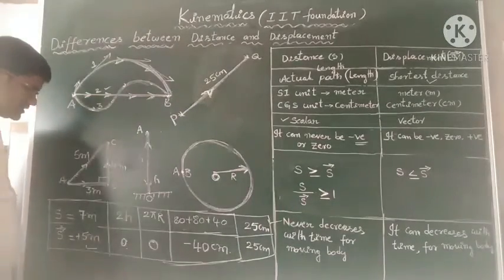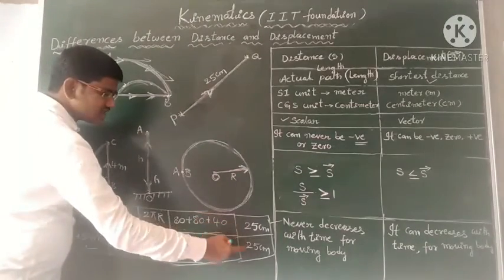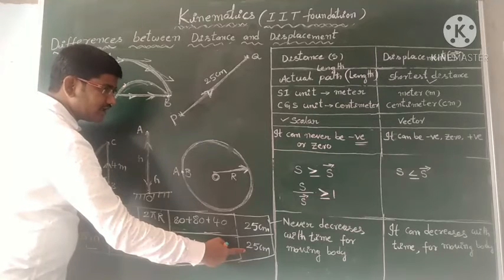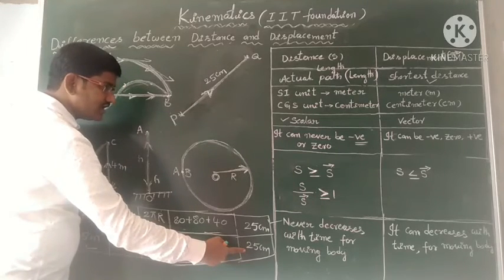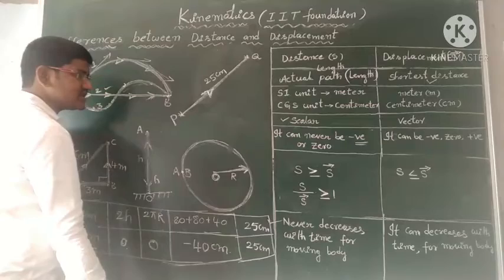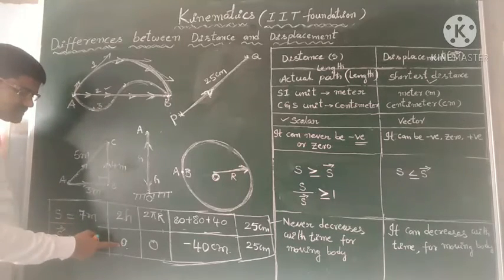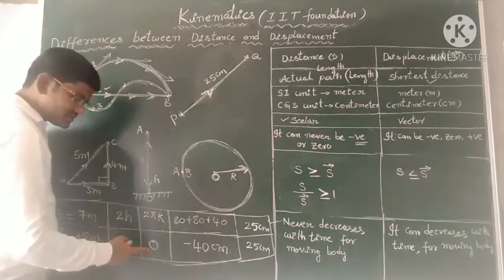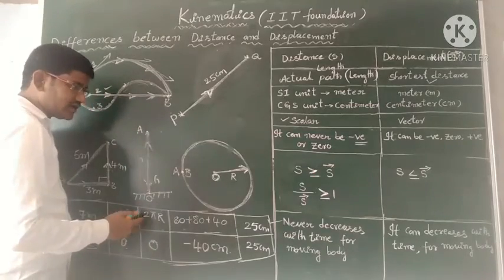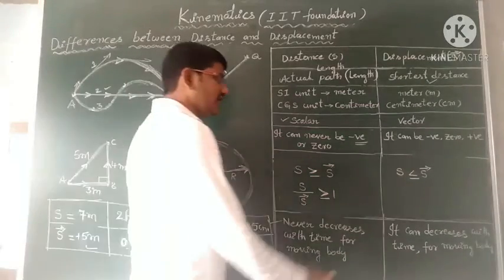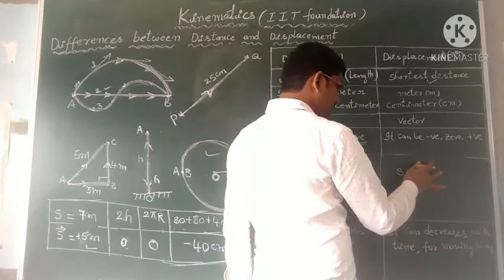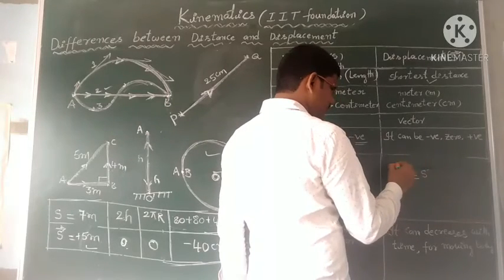See my dear students, in this situation distance and displacement are equal. And in all the remaining situations, displacement is less than the distance. Displacement is 5, distance is 7. Displacement 0, distance is 2h. Displacement 0, distance is 2 pi r in this situation.